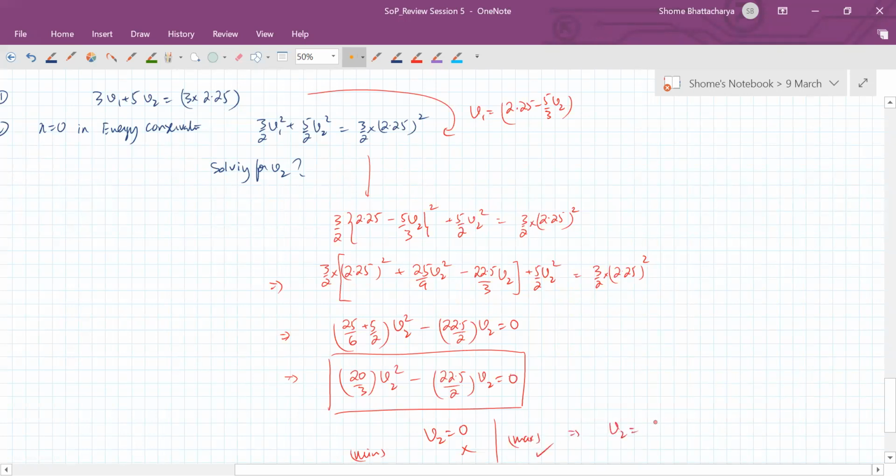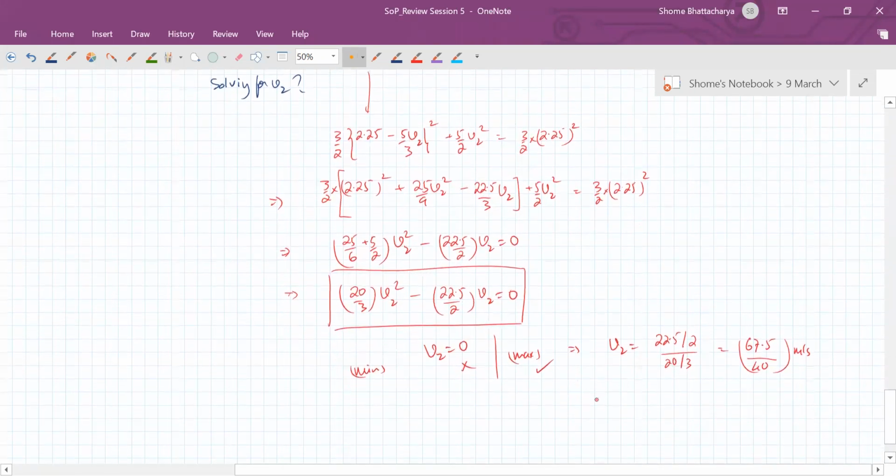And that is equal to V2 equal to... We approximate it up to second place of decimal.